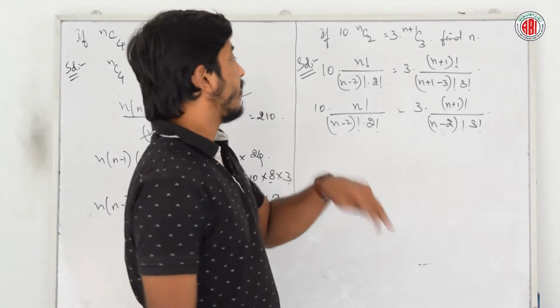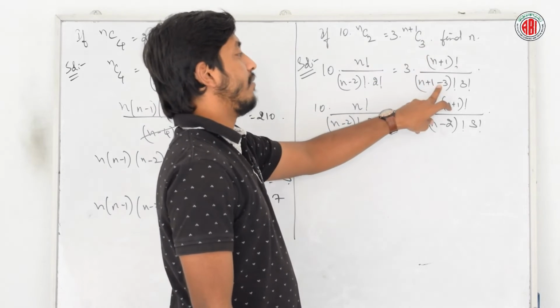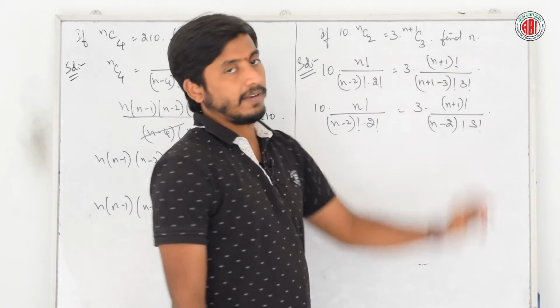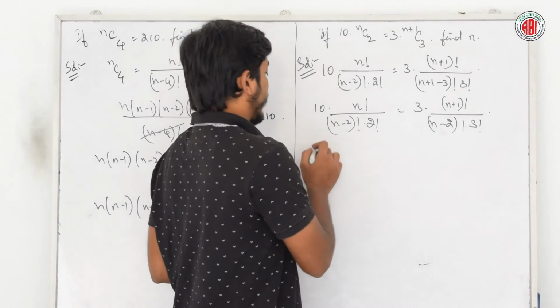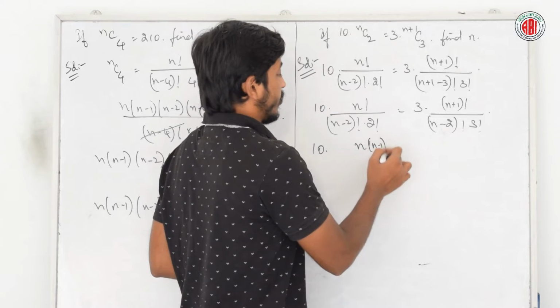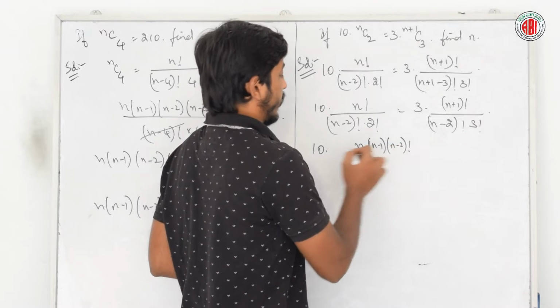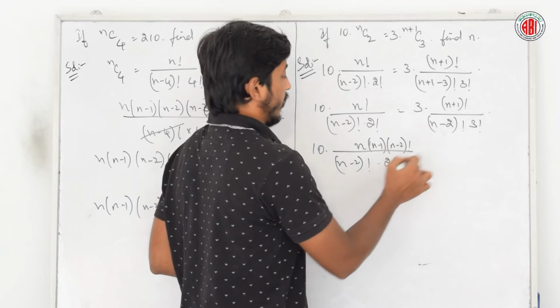Is it okay? Once again see here, this is the nCr formula, n factorial by (n minus r) factorial into r factorial. Okay, fine. Now just see here, 10 into n into (n minus 1) into (n minus 2) factorial divided by (n minus 2) factorial into 2 factorial.